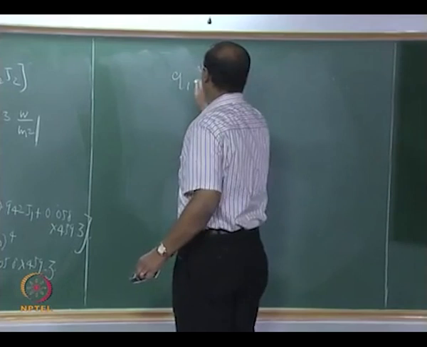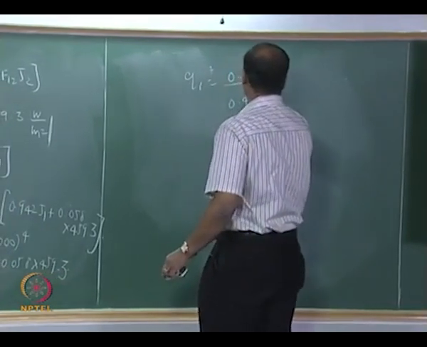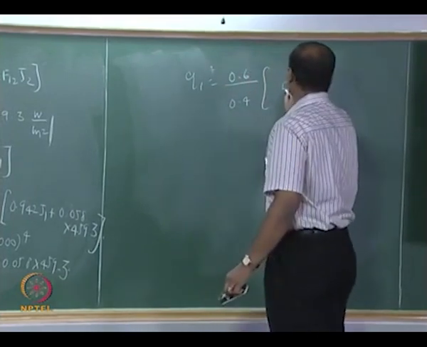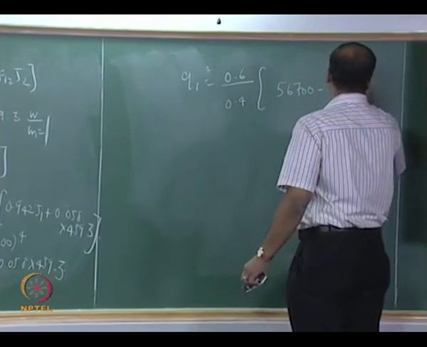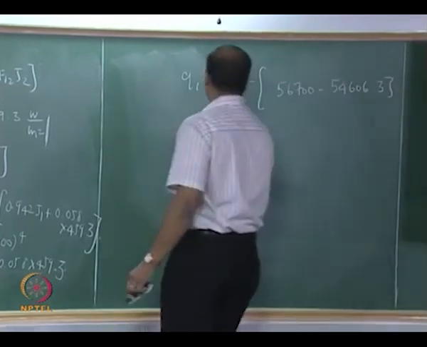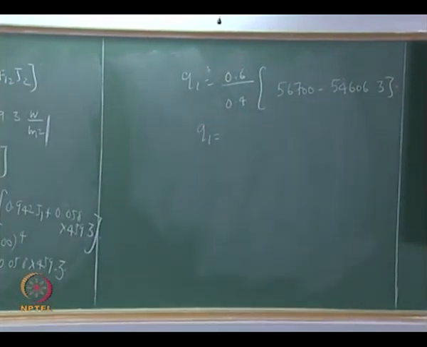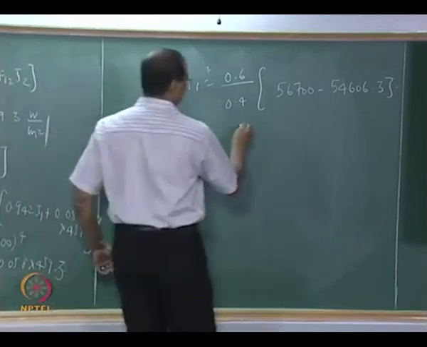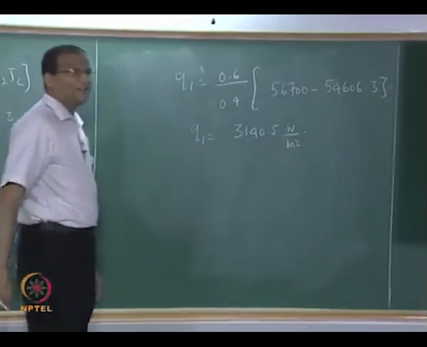So Q1, 3,000, 3,000, this is only the flux, okay.